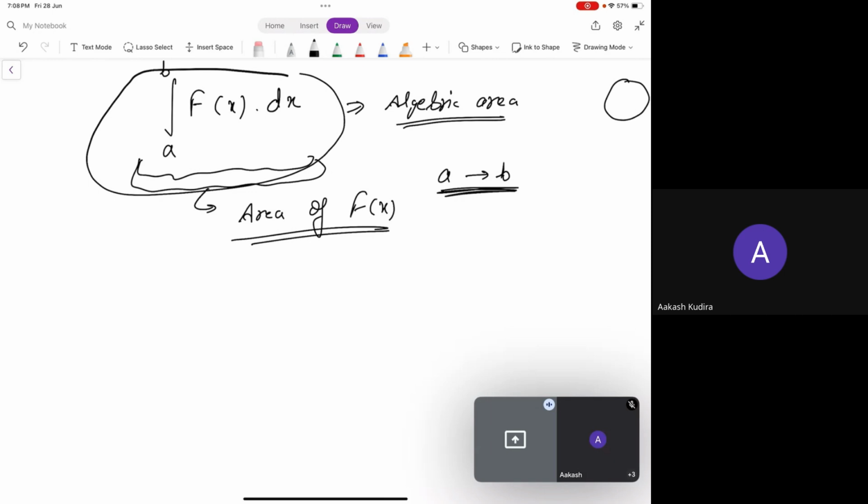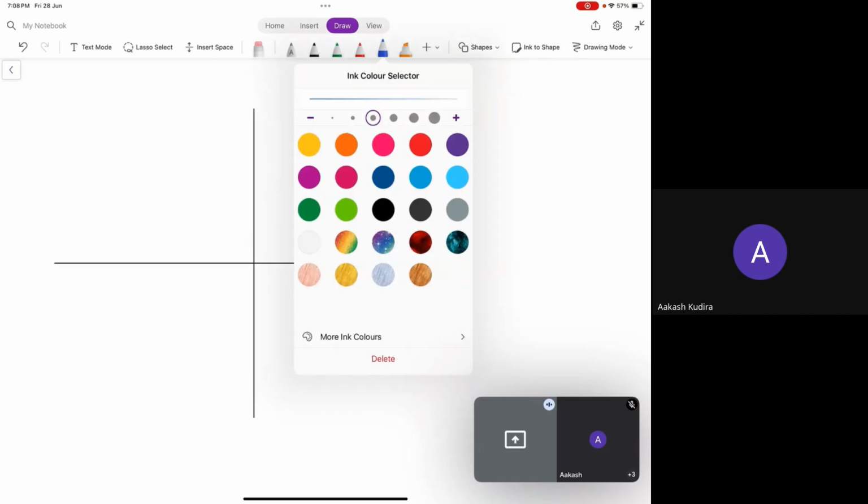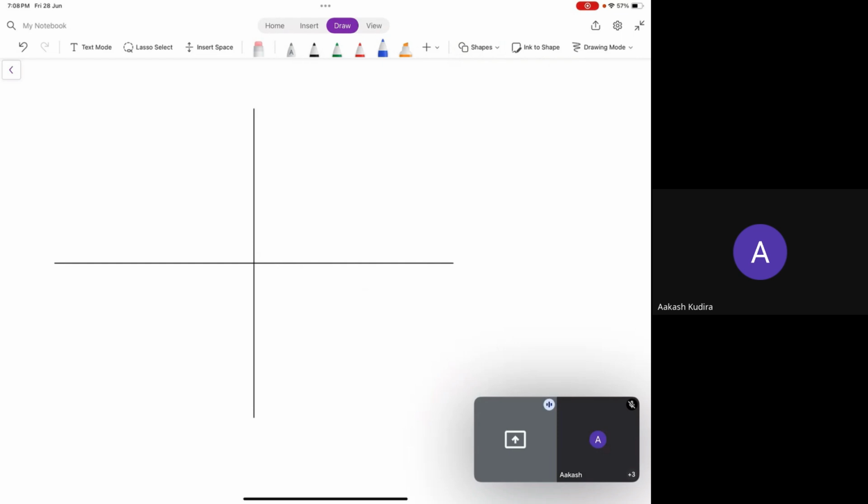What is the difference between algebraic and geometrical area? Geometrical area you already know. For example, this is the graph of f(x).